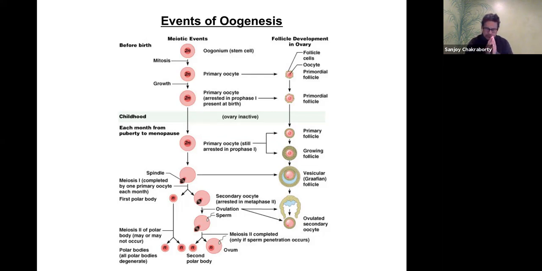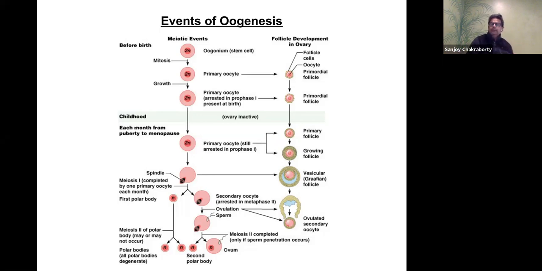FSH stimulates the growth of the follicle. So the package is growing from primary follicle to growing follicle, secondary follicle, to the Graafian follicle. This takes approximately half of the cycle, like day 14.